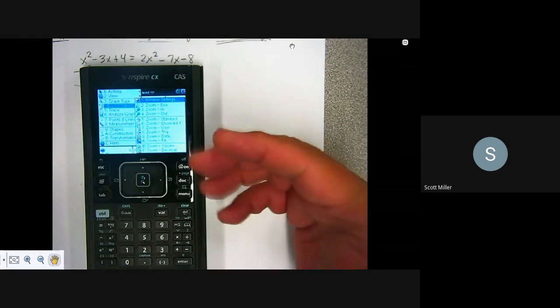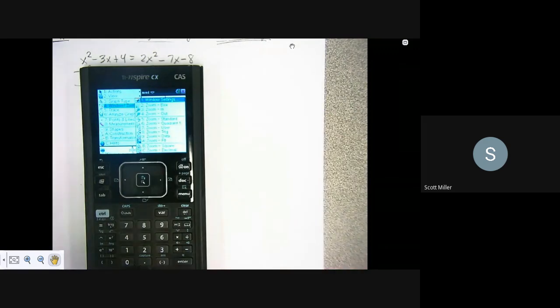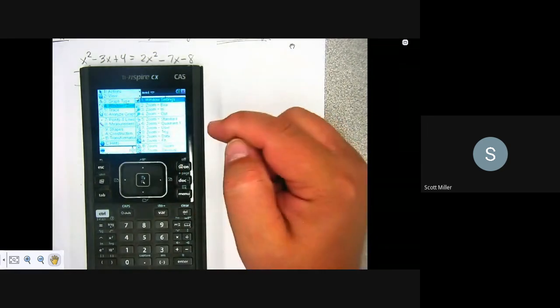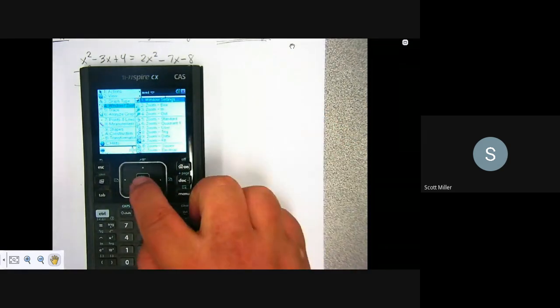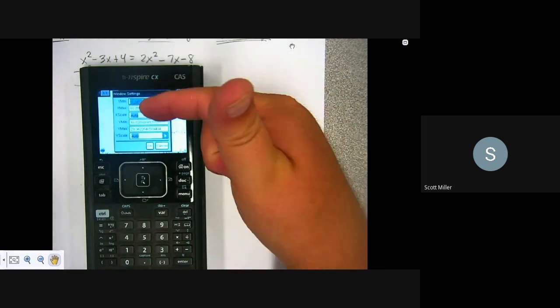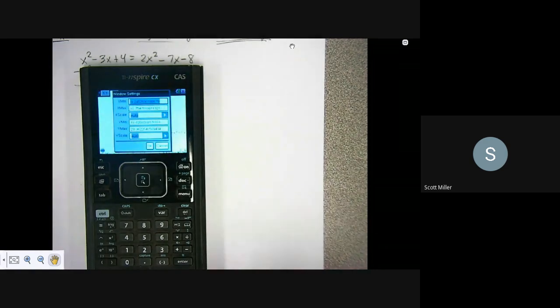If you do a zoom in or a zoom out, it changes both axes, and so it can get really small and you may not see things. But this one is the custom one, number 1, window settings. If I select that, then I get to choose what I set my window at. The first one is the x-axis. What's the smallest x I want? What's the biggest x I want?